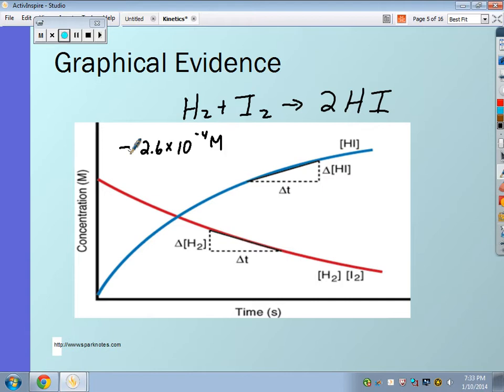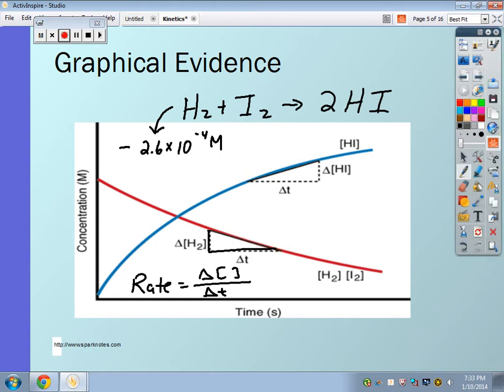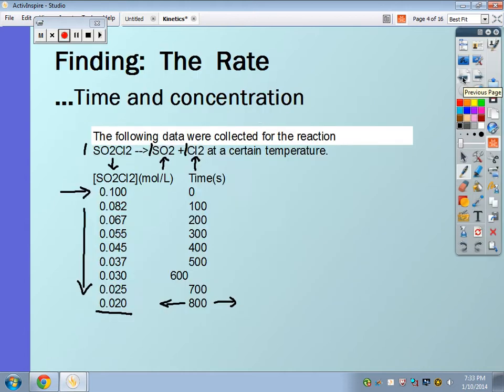And I know that this is the rate of disappearance for H2. And if I had figured that out, I would have figured it out using that rate equation. Rate equals change in concentration over change in time. And I can do that graphically, or I can do it using information in a chart like this.